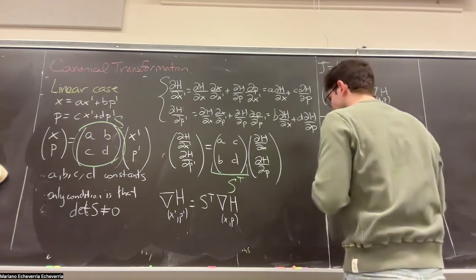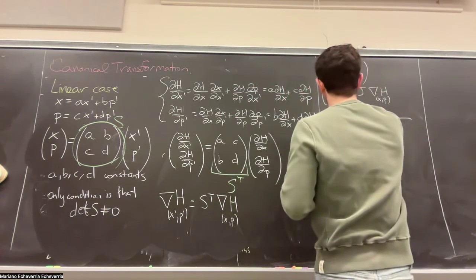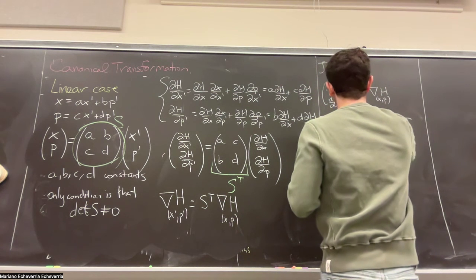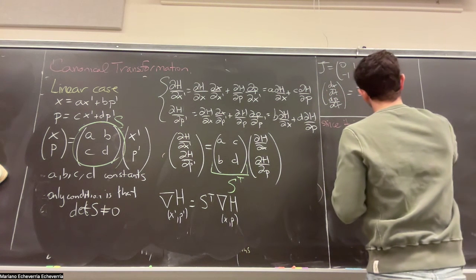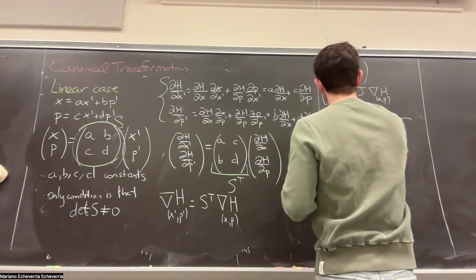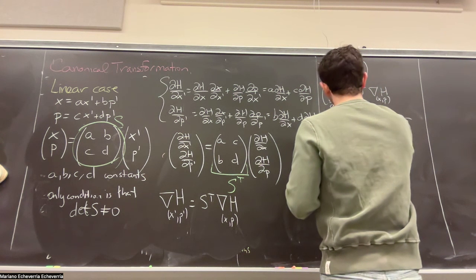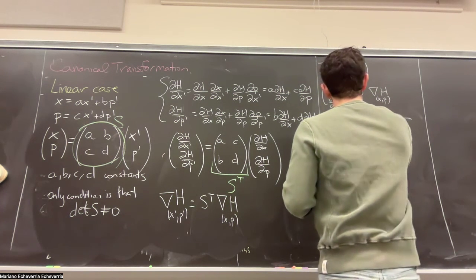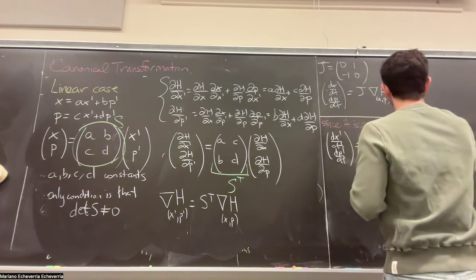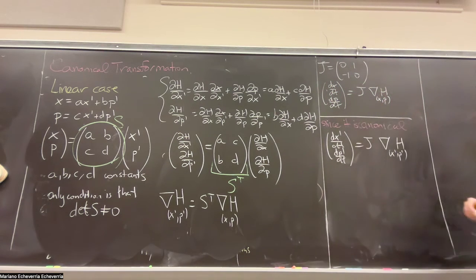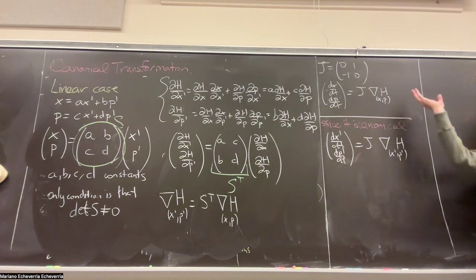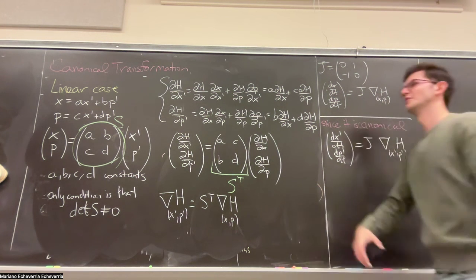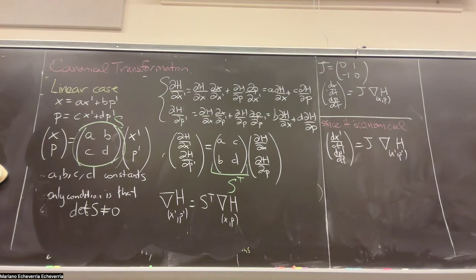Since the transformation is canonical, what you should have is that dx prime/dt, dp prime/dt is the same as J times the gradient of H with respect to x prime, p prime. Formally, that's the point of a canonical transformation. You just prime everywhere in the equation and it looks the same. That's what physicists call covariant: you get the same form of the equation in the new coordinate system.